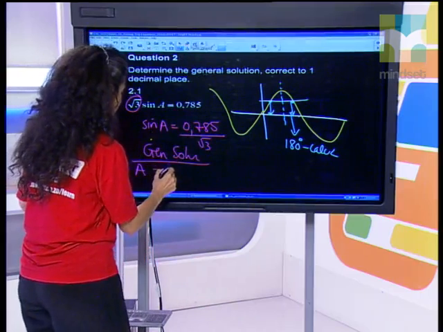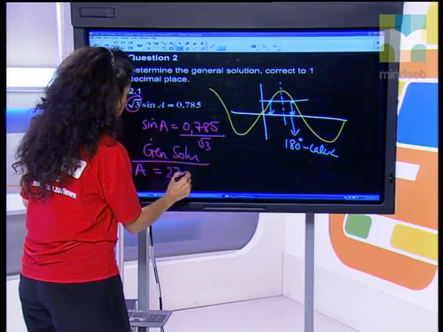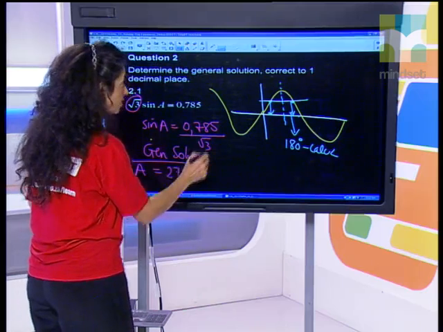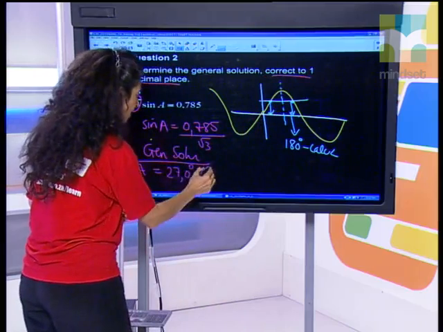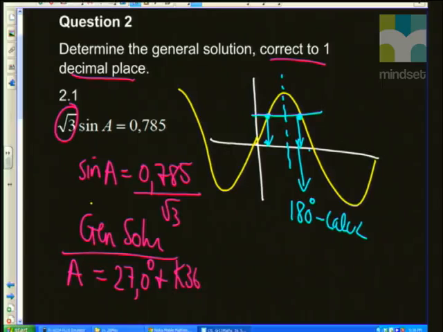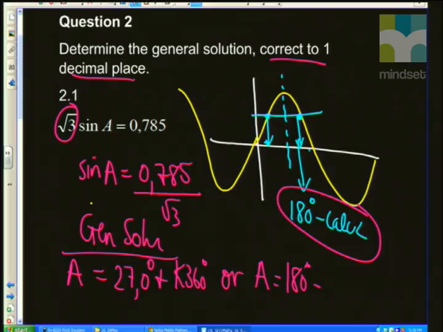So A is 27,0 degrees. It says correct to 1 decimal place, so you must show the decimal place. And then sine is periodic over 360, or A equals the second angle of sine, which is always 180 minus the calculator angle, plus k 360, where k is an element of the integers.